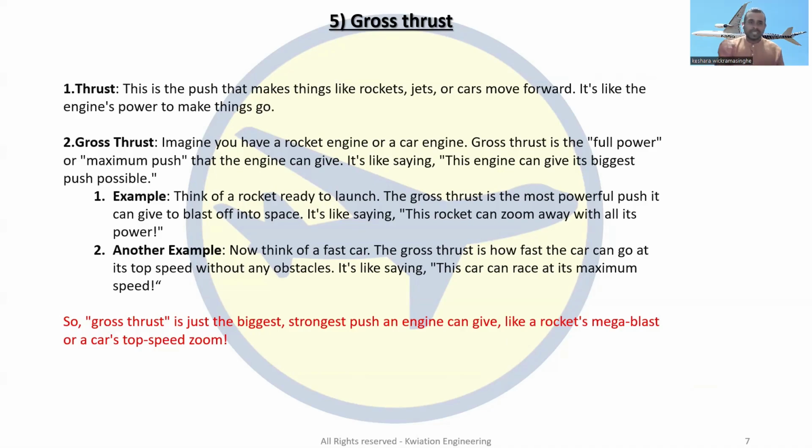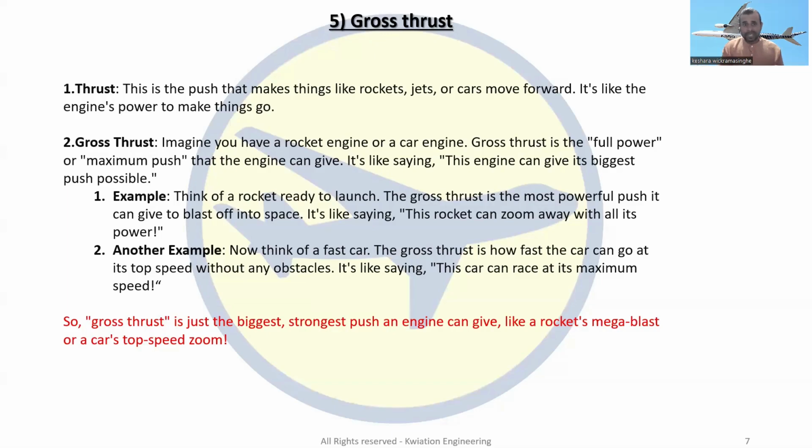For example, think of a rocket ready to launch. The gross thrust is the most powerful push it can give to blast off into space. It's like saying this rocket can zoom away with all its power.